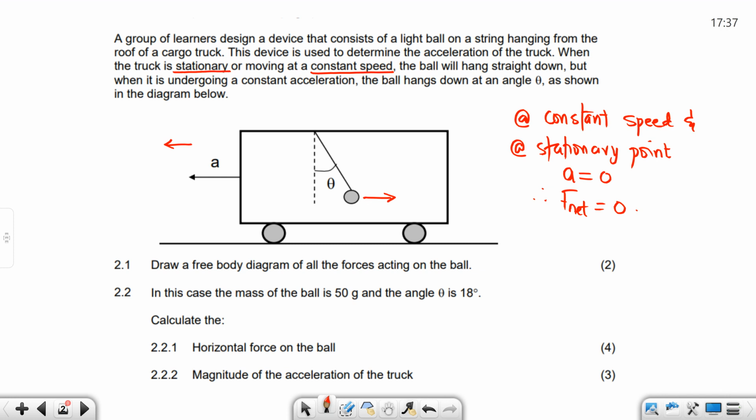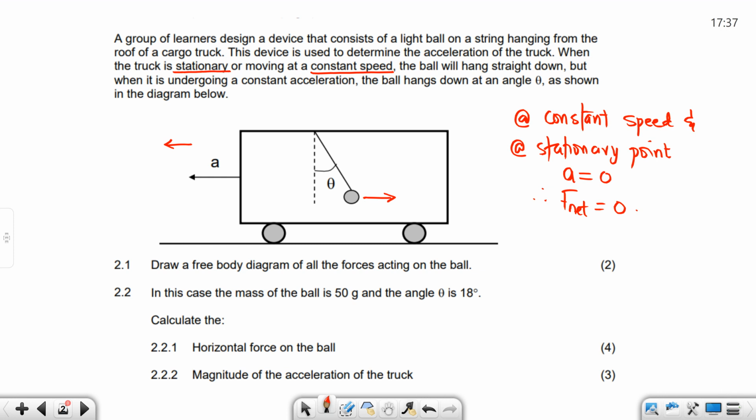This is because of Newton's first law: an object will remain at rest or continue in uniform motion unless an external force acts. And remember, also due to inertia, the object wants to remain there. But the truck is moving forward, so the ball has to move backwards because of inertia connected to Newton's first law.